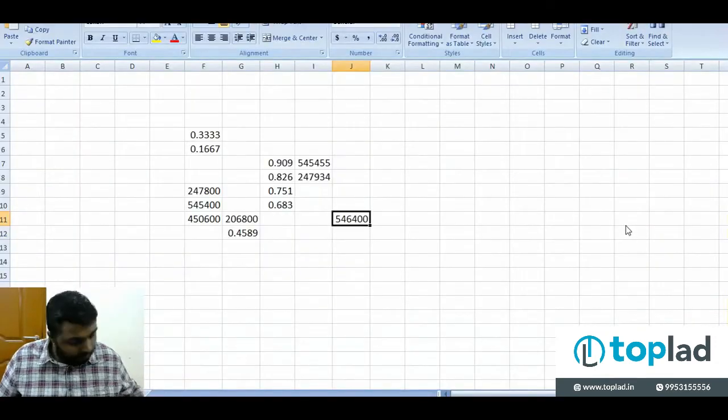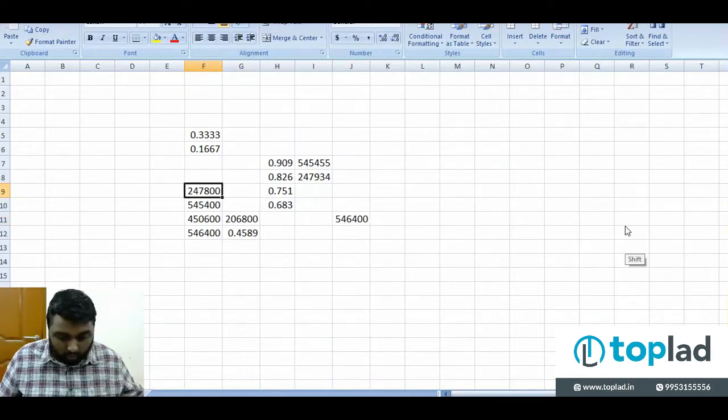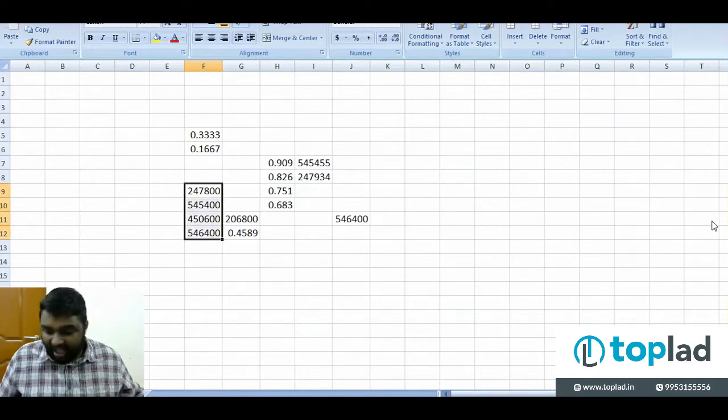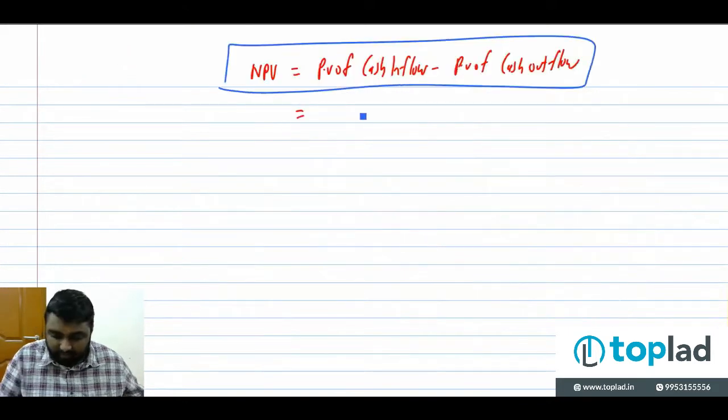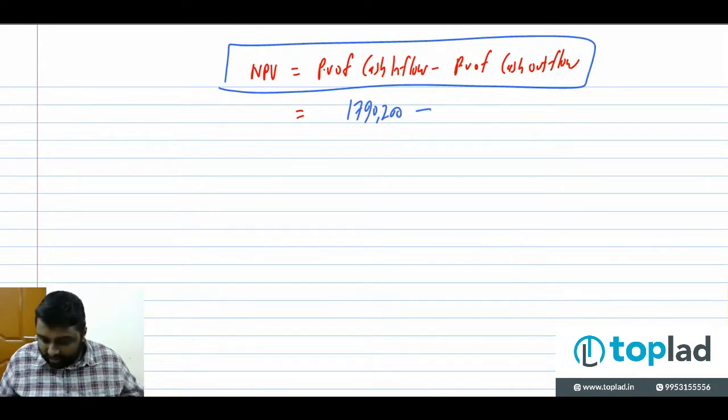So what is the total of all the numbers? 17,90,200, minus our outflow.